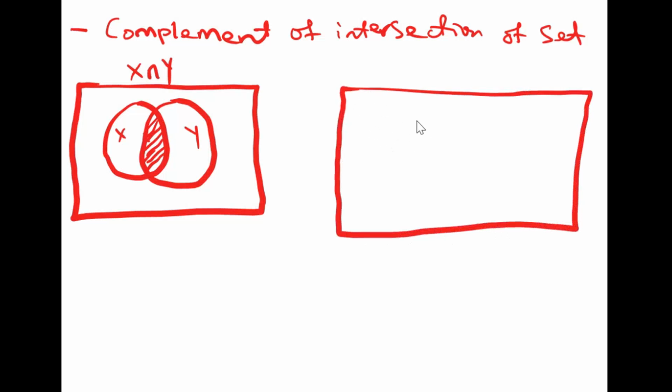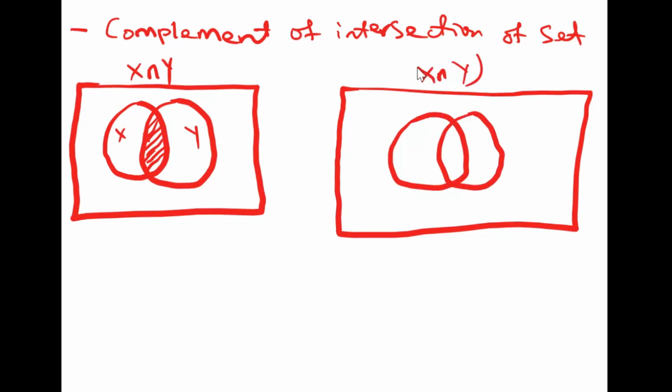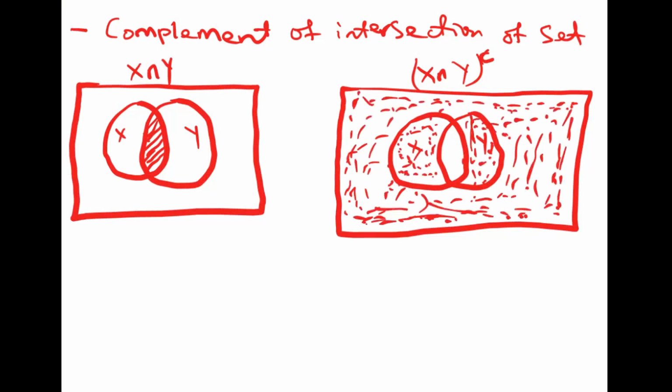It's my universal set and set X and Y. The X intersection Y complement will be this shaded area, which is outside the intersection.